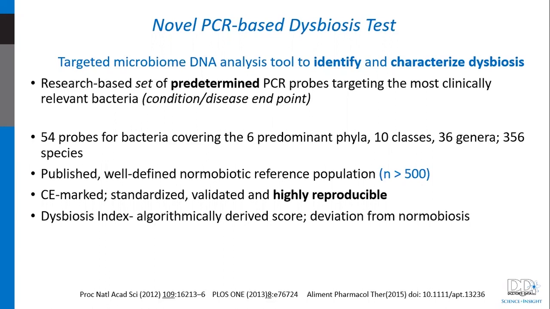So these 54 probes for bacteria cover the 6 primary predominant phyla, 10 classes, 36 genera, and 356 species. This highly published method incorporates a well-defined normal biotic reference population currently at greater than 500 and growing as I speak. So this is CE marked, approved in the European Union, and it is highly, highly reproducible.